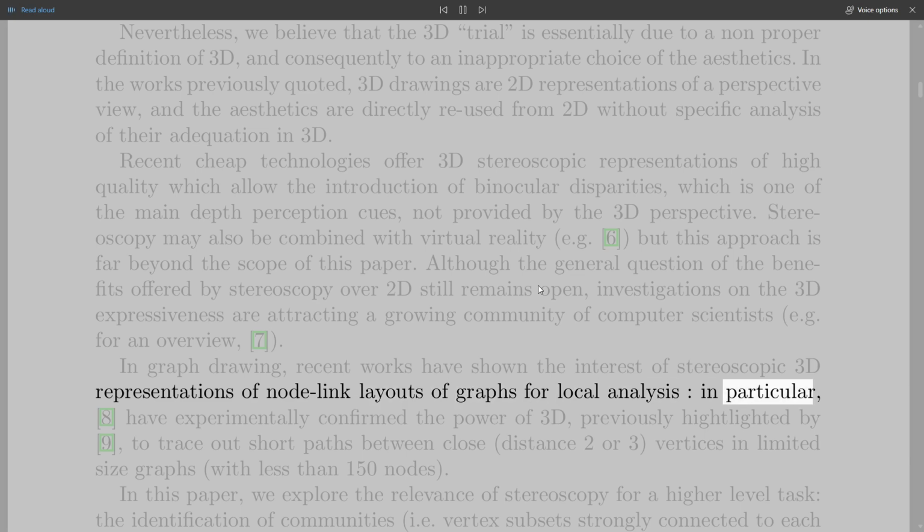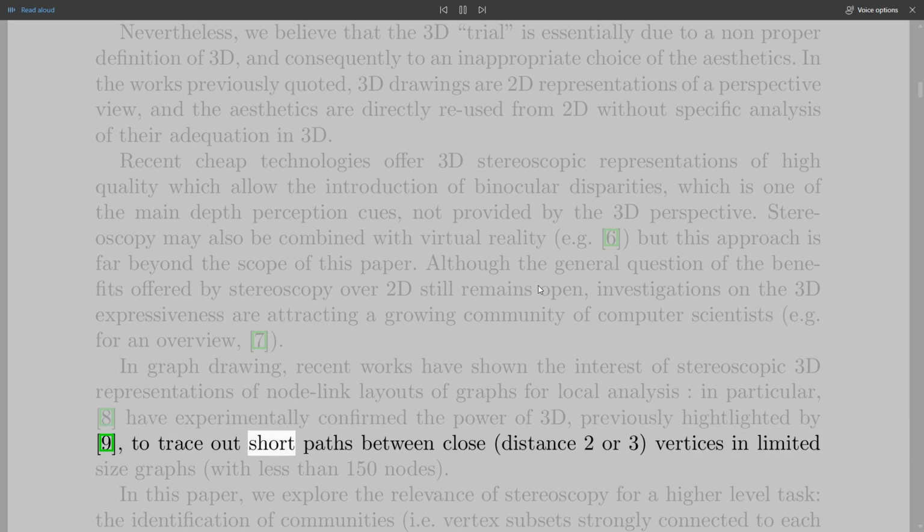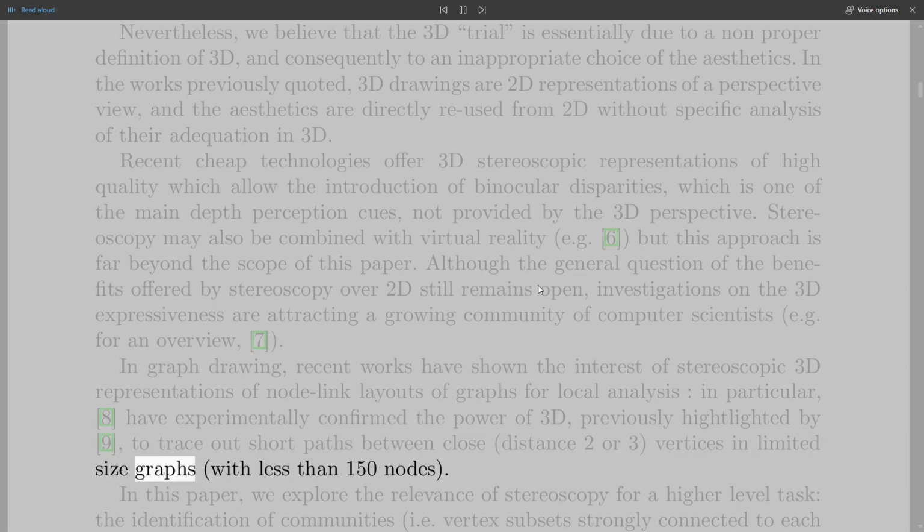In particular, 8 have experimentally confirmed the power of 3D, previously highlighted by 9, to trace out short paths between close, distance 2 or 3 vertices in limited-size graphs, with less than 150 nodes.